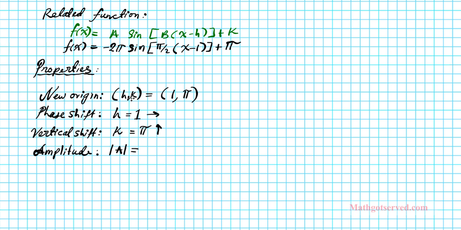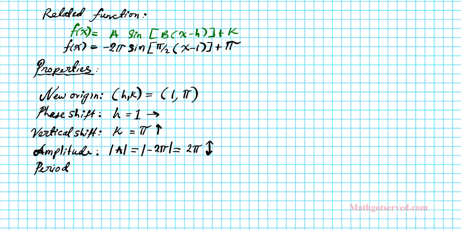In this problem, a is negative 2 pi, so the absolute value of negative 2 pi is equal to 2 pi. And that's going up and down from the center to the max and the min.